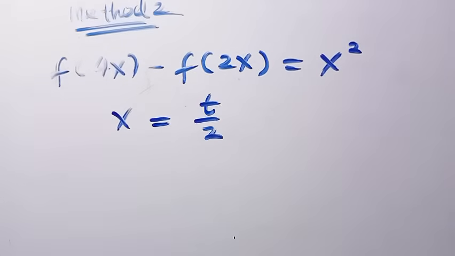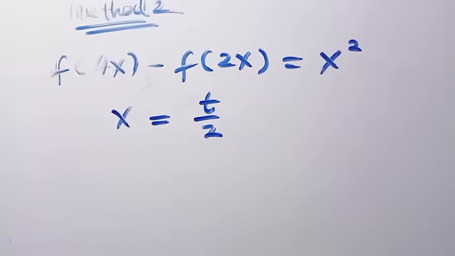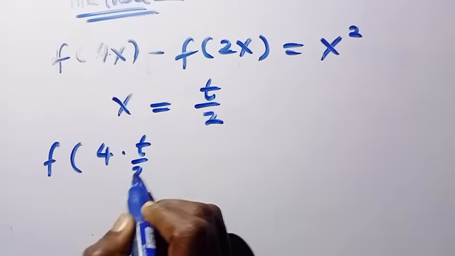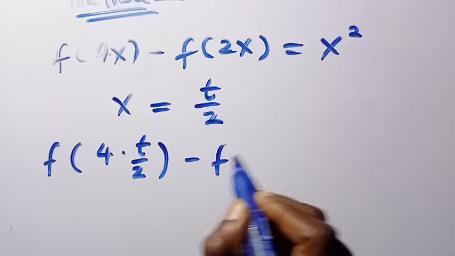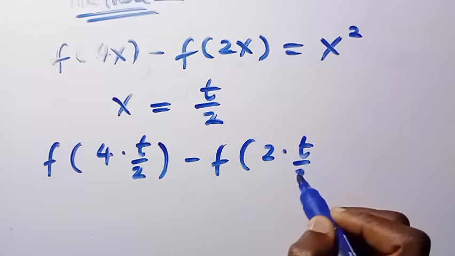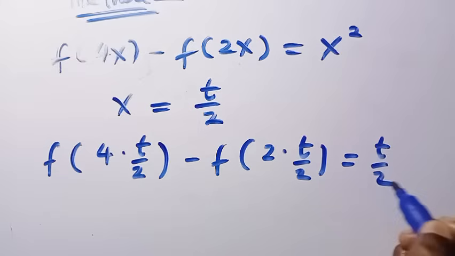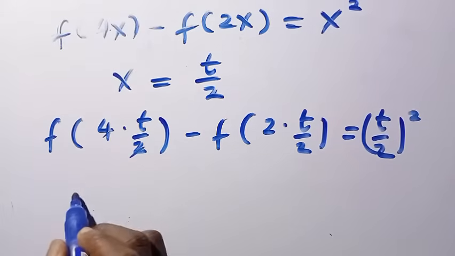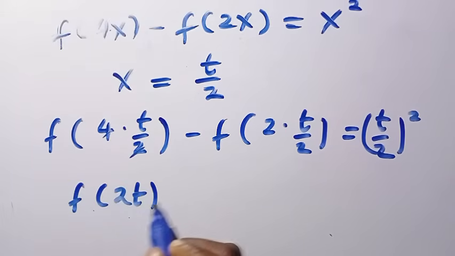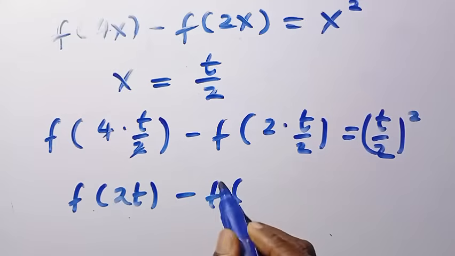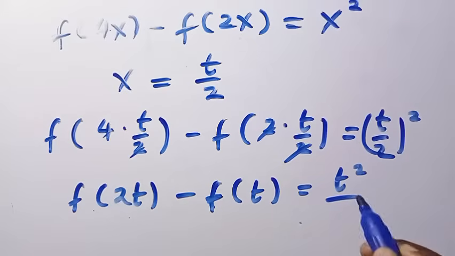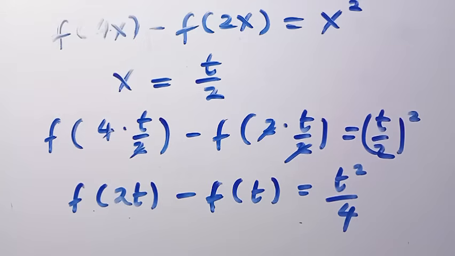By replacing x with t over 2, we have f(4 multiplied by t over 2) minus f(2 multiplied by t over 2) equals (t divided by 2) all raised to power 2. To reduce this, we have f(2t) minus f(t) equals t squared divided by 4.